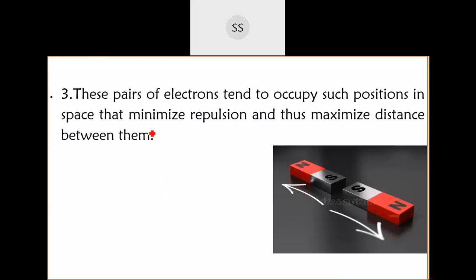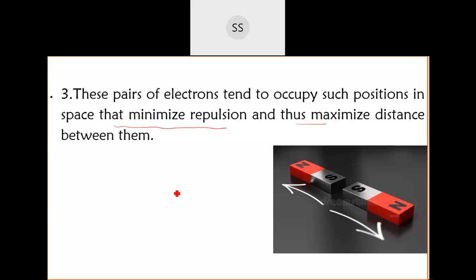Here also, electron pairs occupy such positions in space that minimize the repulsion and maximize the distance between them.